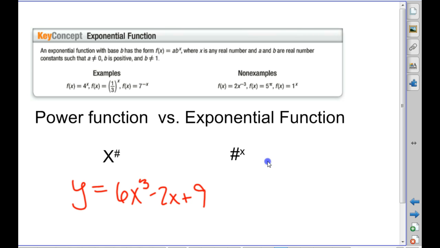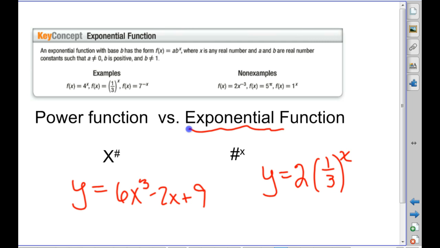An exponential function is when the x is in the exponent. So if we had 2 times 1/3 to the x, okay? When x is in the exponent, then it's an exponential function.